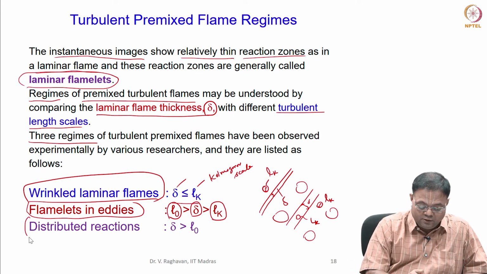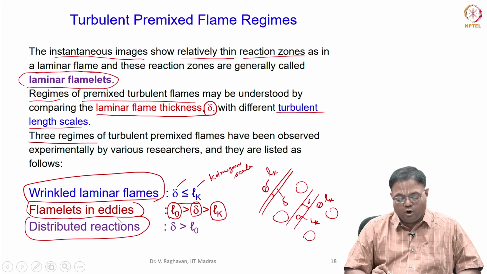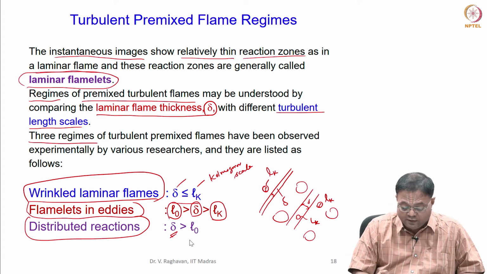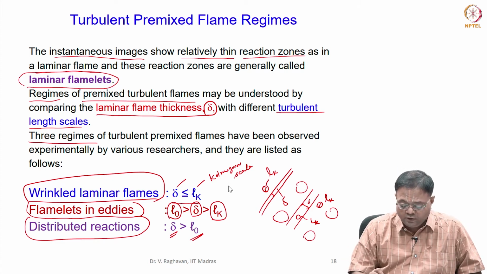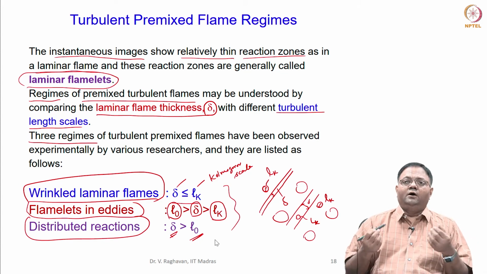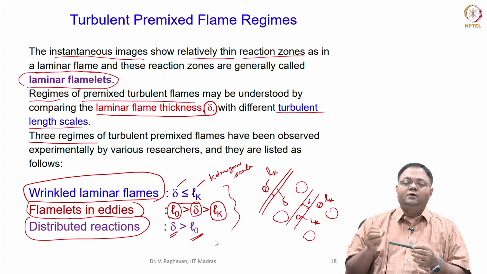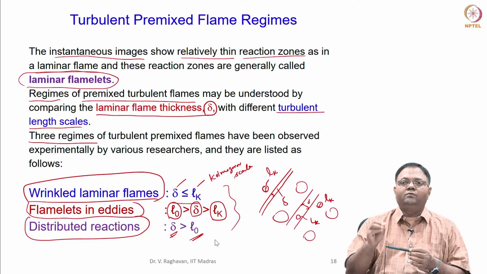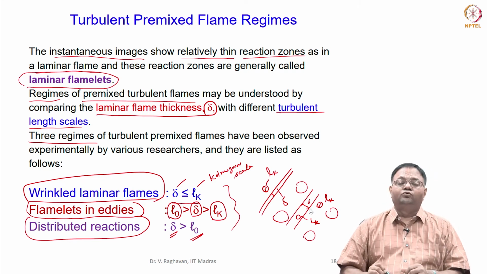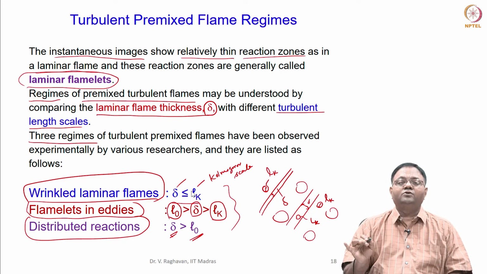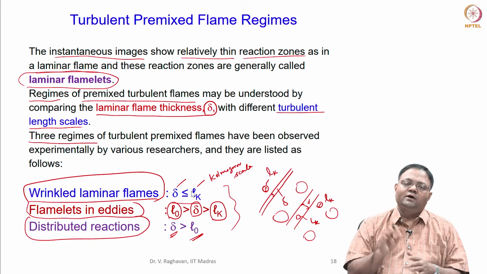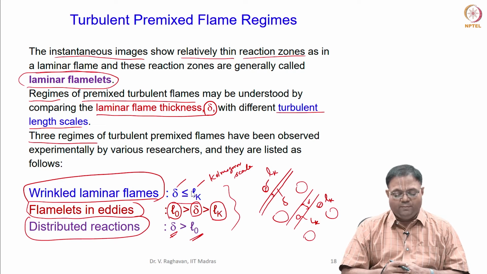Then the third is the distributed reaction zone. Now you can see that delta is even greater than the turbulent L0, the integral scale. So these are the regimes which will tell us whether the turbulent eddies will penetrate into the reaction zone or not. In the first case, there is no penetration of the eddy inside the extremely thin reaction zone, and only surface convolution happens for the laminar flames.